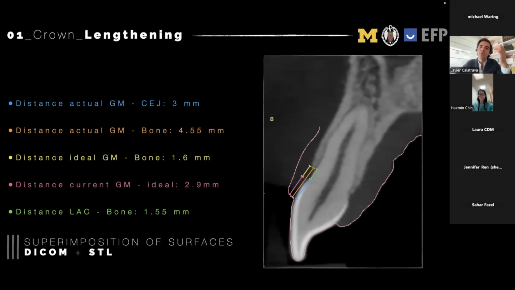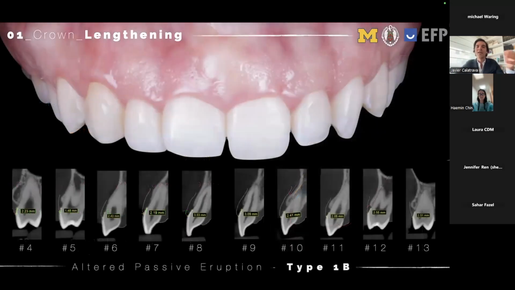Not only that, we can measure exactly the distance between these anatomical structures in every single tooth. So we know exactly how much we can lengthen these teeth, and we know exactly if we need or not to do osseosurgery and how much osseosurgery we need to do.